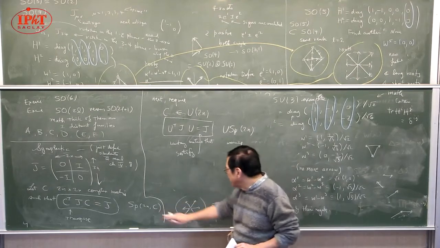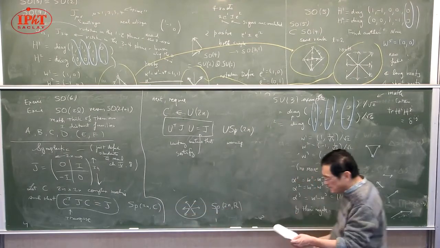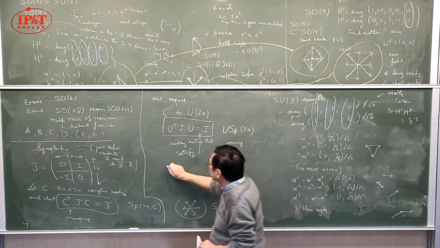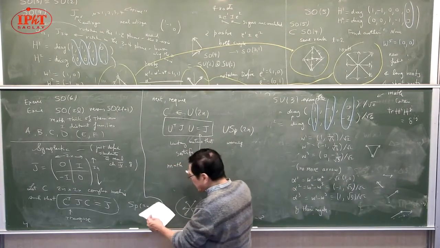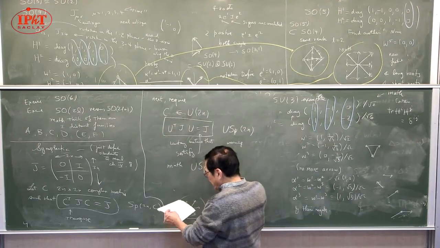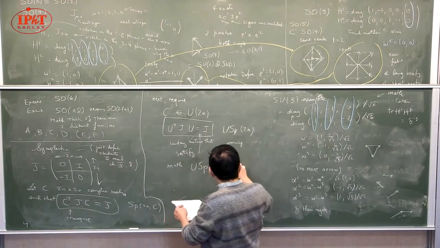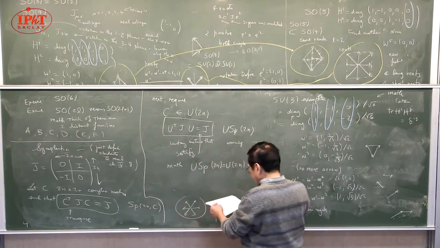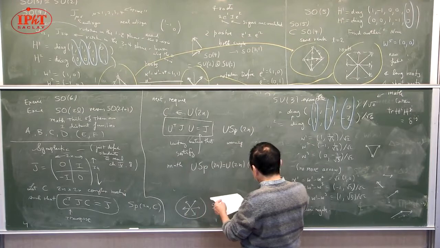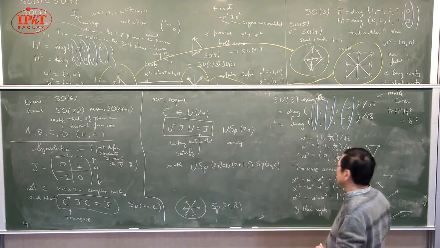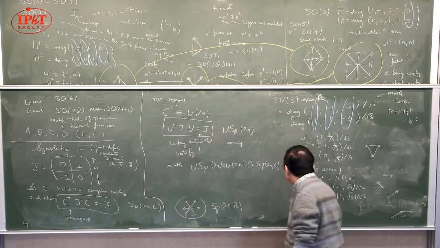So mathematically, you can write the definition of USP2n as U2n intersection with SP2n C. It's the intersection between these two groups. Okay.